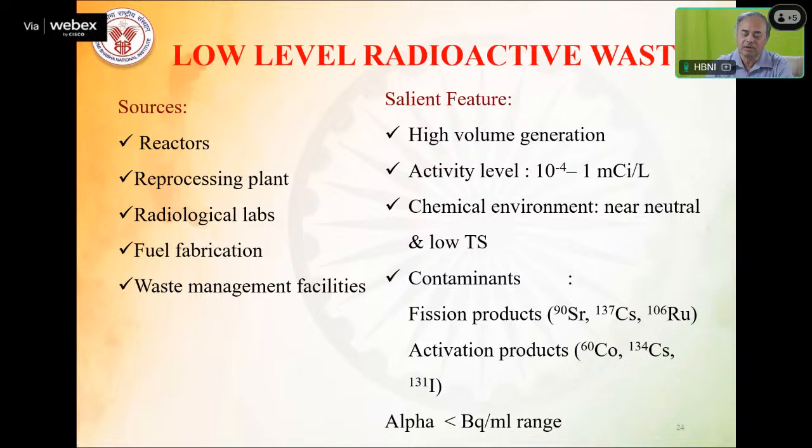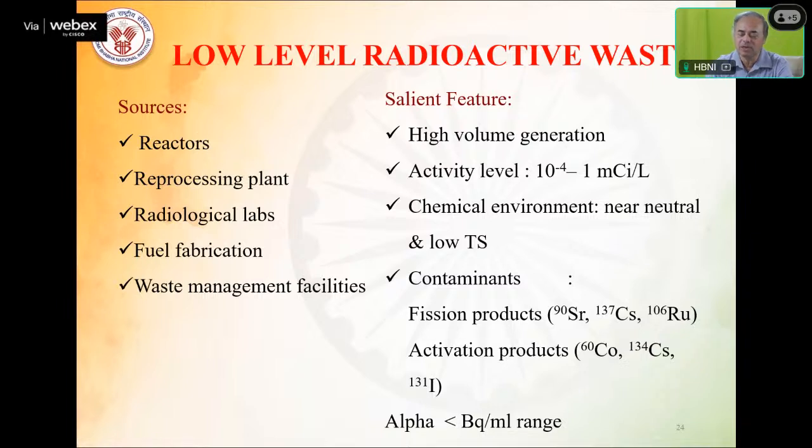And what could be the contaminants in this low level waste? We are calling it low level waste. Though we are calling it low level, it is definitely low level. Activity is negligible. It is as good as neutral, but still some activity can be there, a small percentage.